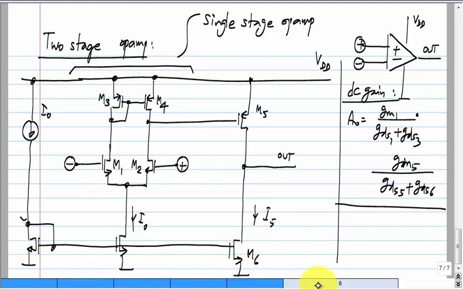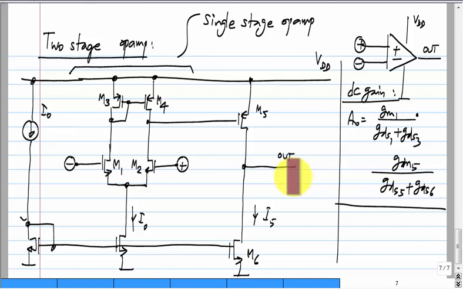Infinity if the transistors have infinite output resistance, that is if lambdas are 0. What if lambdas are non-zero? So, I am looking for the output resistance between this terminal and ground. So, what is that? 1 by GDS.